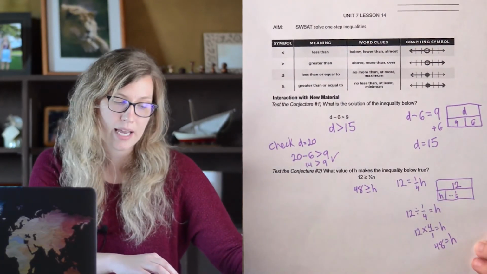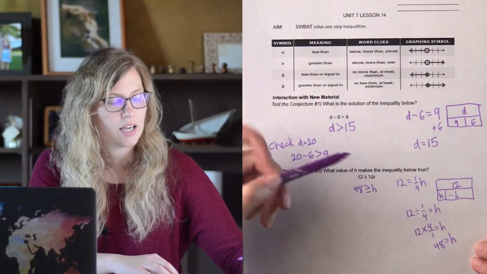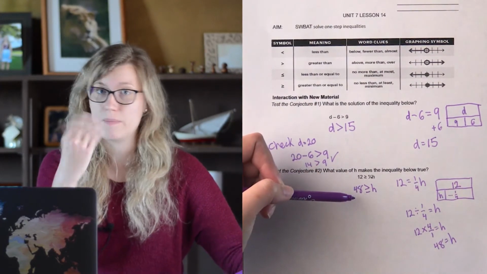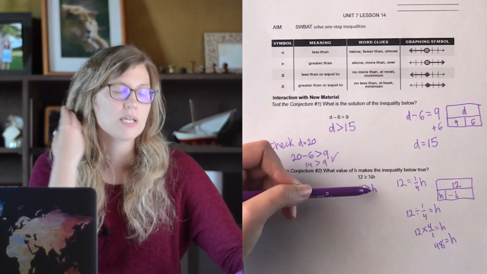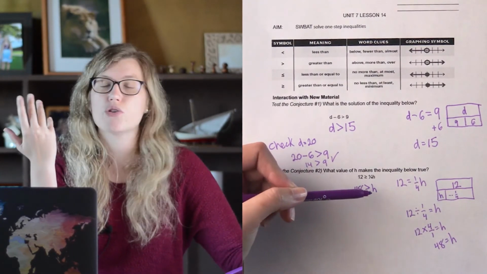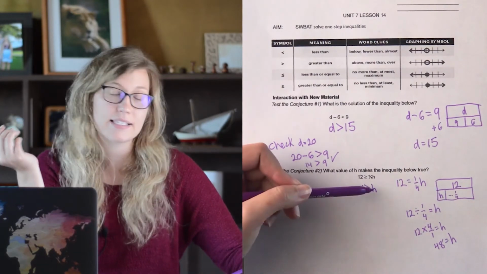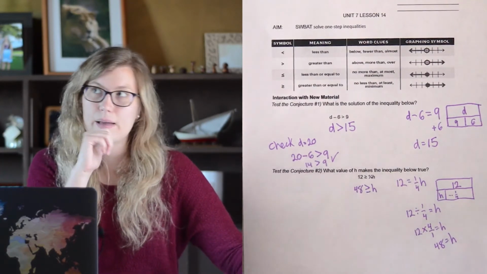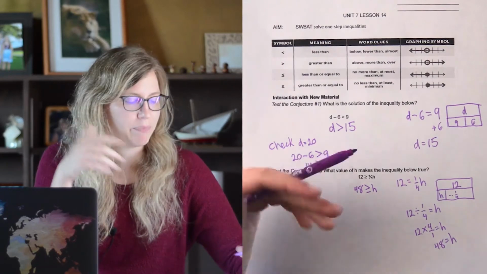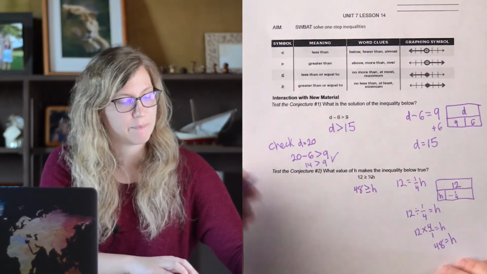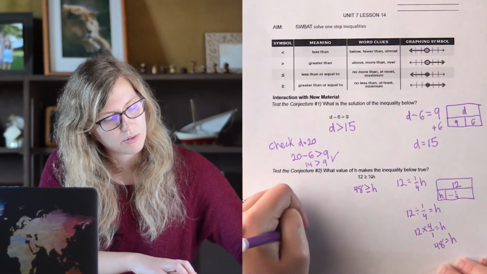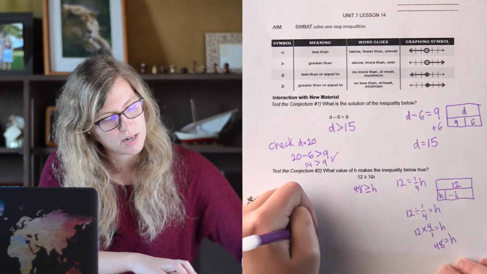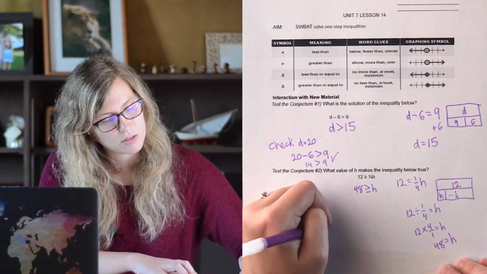Now let me check my answer, remember, because I could have flipped this. I could have gone the wrong way. So let's check. So 48 has to be greater than H. You could choose any number that is less than 48. I like to choose 20 again, because 20 is less than 48. So let's check. Is 12 greater or equal to 1/4 times 20?